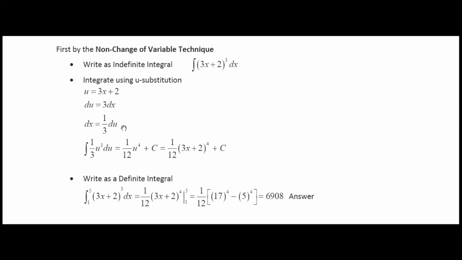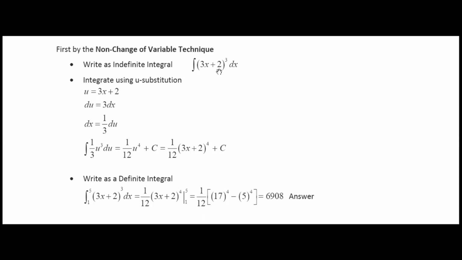And then in the place of 3x plus 2, we're going to put u. That gives us u cubed. And in the place of dx, we're going to put 1/3 du. We're going to integrate. We get 1/4 u to the 4th plus c. Then we're going to put the quantity 3x plus 2 back in for u, and that's the antiderivative.